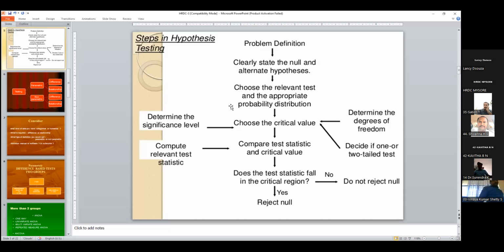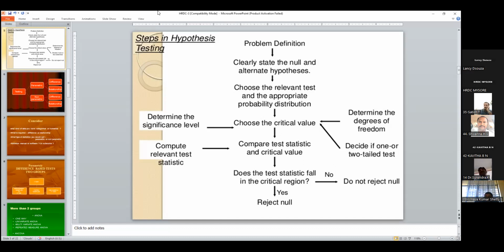Depending upon the nature of the review of literature, you can state or formulate the null and alternate hypothesis or directional hypothesis accordingly. How you are going to plan it, that is more important.